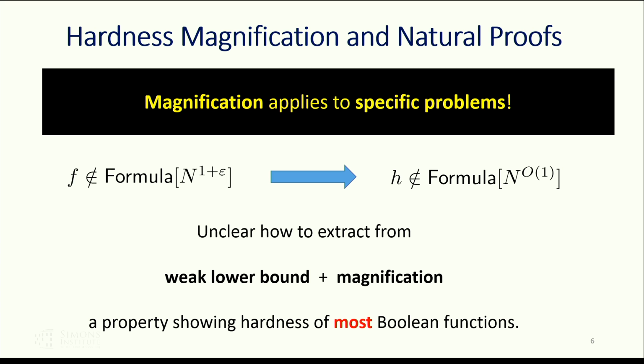It's not clear at all how we would extract from just the superlinear lower bound for f a superpolynomial lower bound for almost all functions. So the argument is very specific to some function that depends on f.